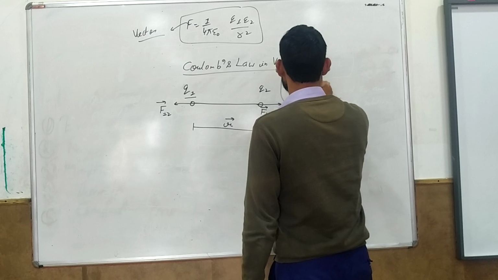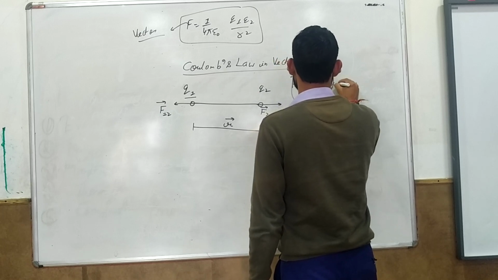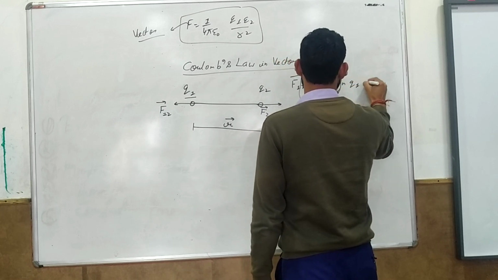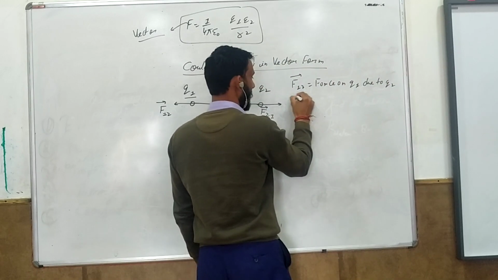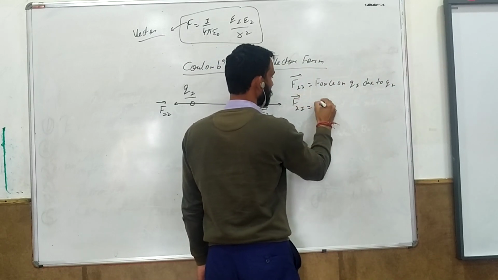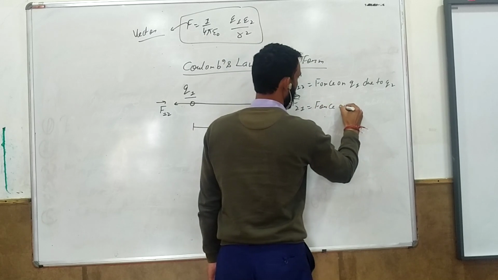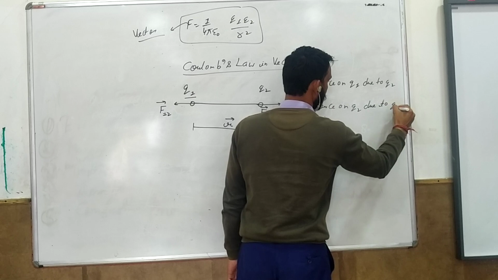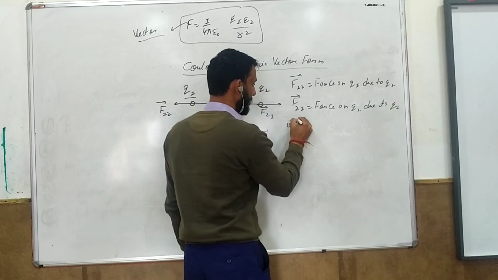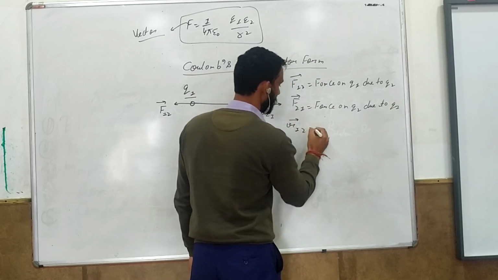F12, force on Q1 due to Q2, and then F21, force on Q2 due to Q1. Then vector R12.